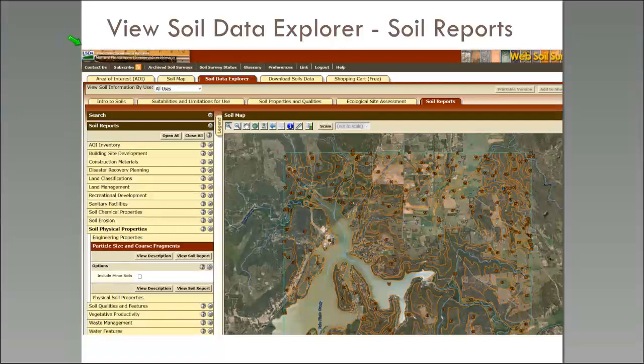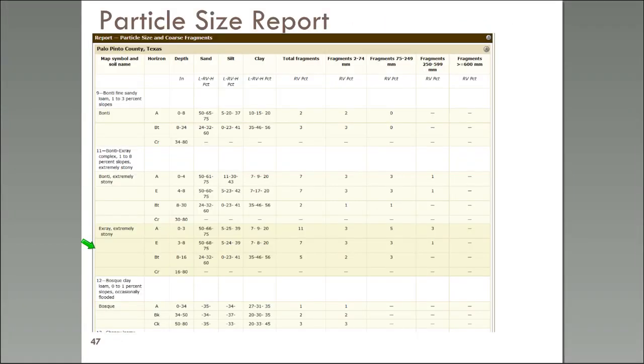So another thing, for example, if you want to know what the texture of a particular soil is, you can go to soil reports. Now this will be in Soil Data Explorer and then in soil reports. And over to the left there will be a menu. If you select the physical properties, you can also get a soil report on particle size and coarse fragments, and it will look like this.